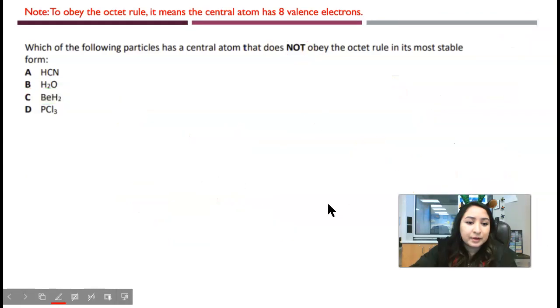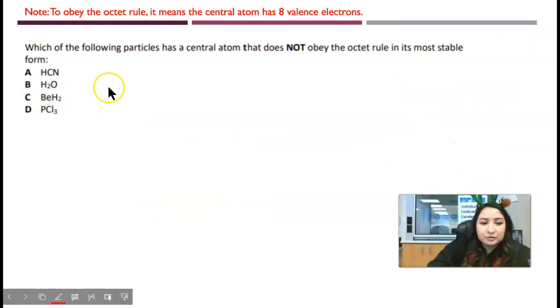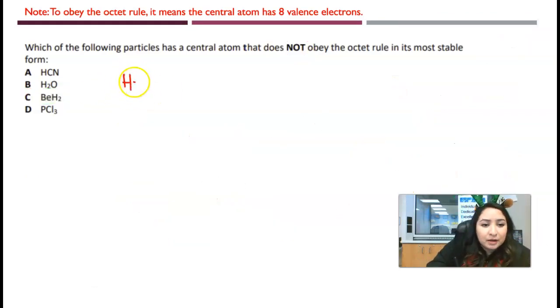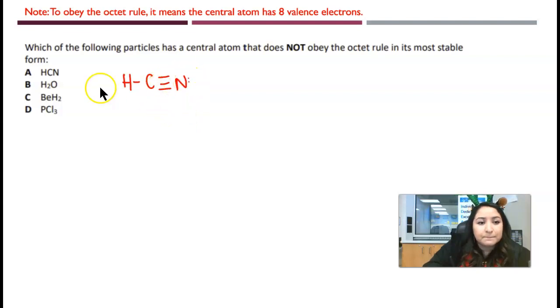I'm going to draw HCN, kind of fast, which looks like this. Hydrogen has 1 valence electron, carbon has 4, nitrogen has 5. So here's 1, 2, and then it's sharing with the 5. And we're mainly focusing on the central atom, which is carbon.